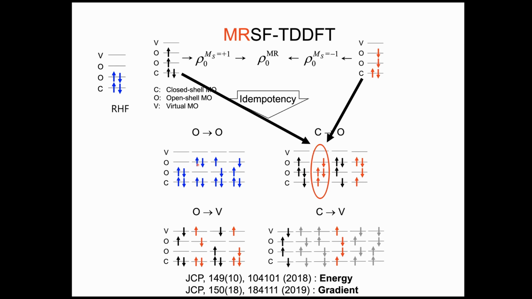With a single excitation, you get the double excitation-like configurations. It looks like magic. To me, it's magic. From this RHF reference, you cannot get this double excitation. But from this alpha reference, you can arrive at this. So your response space includes doubly excited configurations. This is really important, and this is very easy to get.